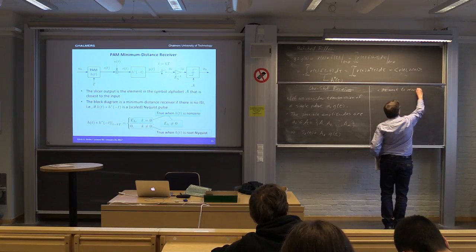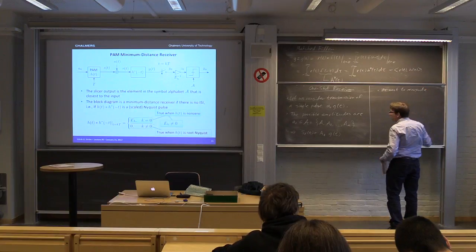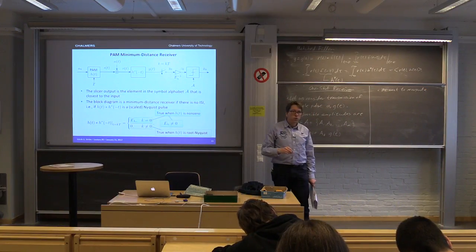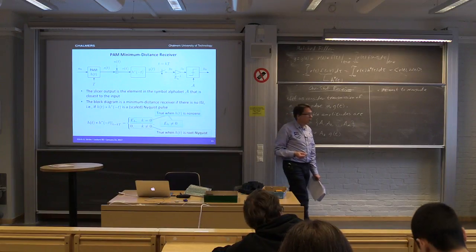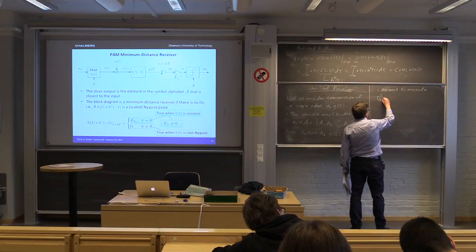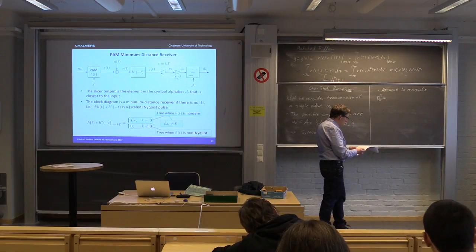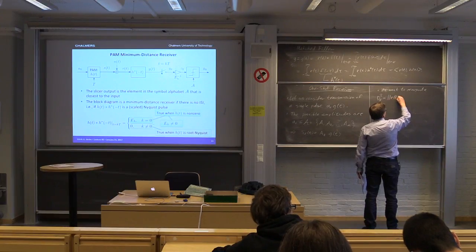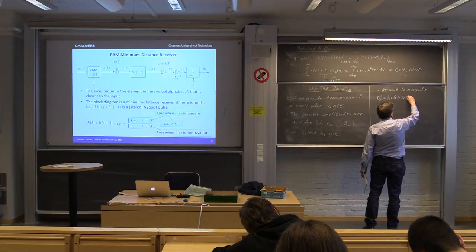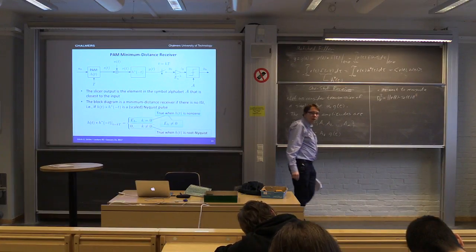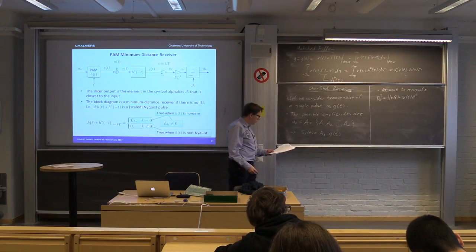So we want to compute these distances, and actually we want to compute the distances squared because it's just a lot of work writing square roots all the time. So we want to compute d_L squared, and that's simply the norm of r minus s_L, squared, by definition.